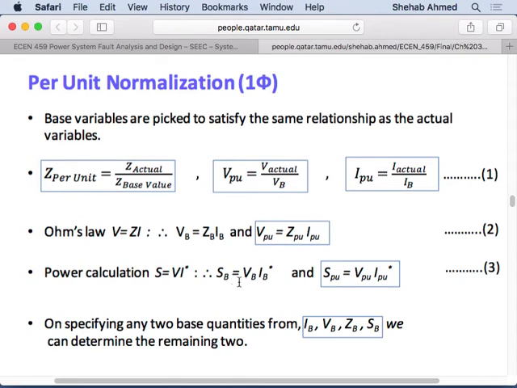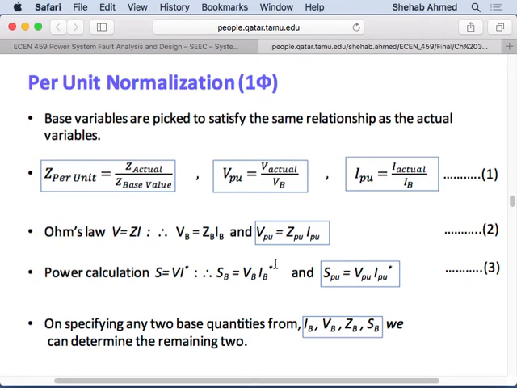Base values only have magnitudes. They don't have angles. They are not phasors. So forget about S base equals V base times I base conjugate. Forget about the conjugate, even though I think the textbook has the conjugate there. Base values don't have an angle.